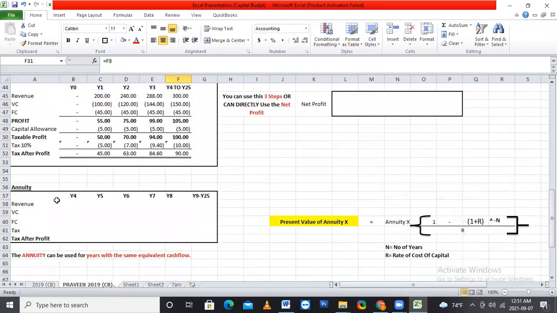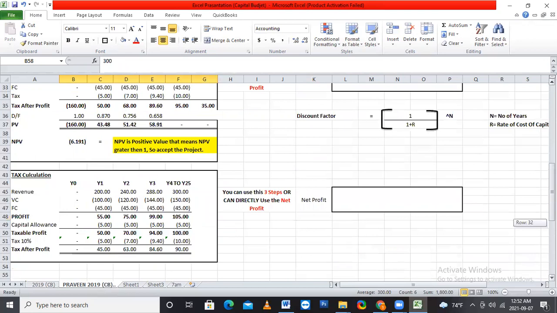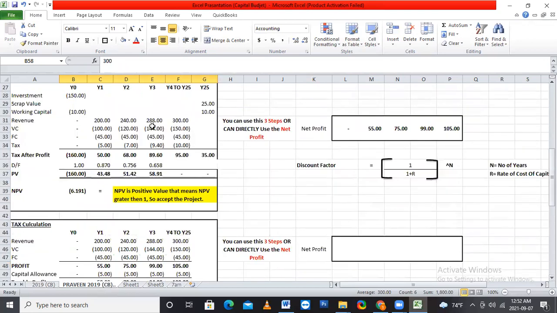It is almost the same for all years. So the cash inflow 300 is the same for every year, but with the discounting factor, the revenue changes year by year.